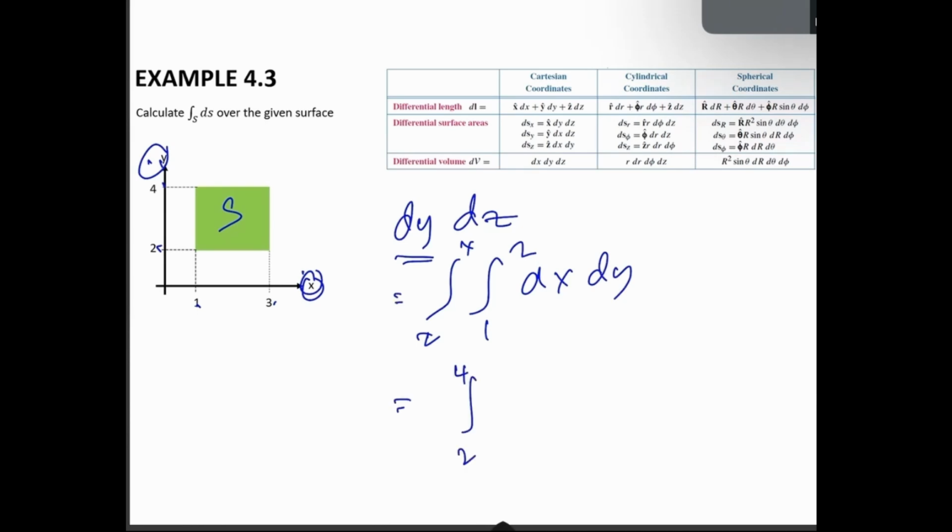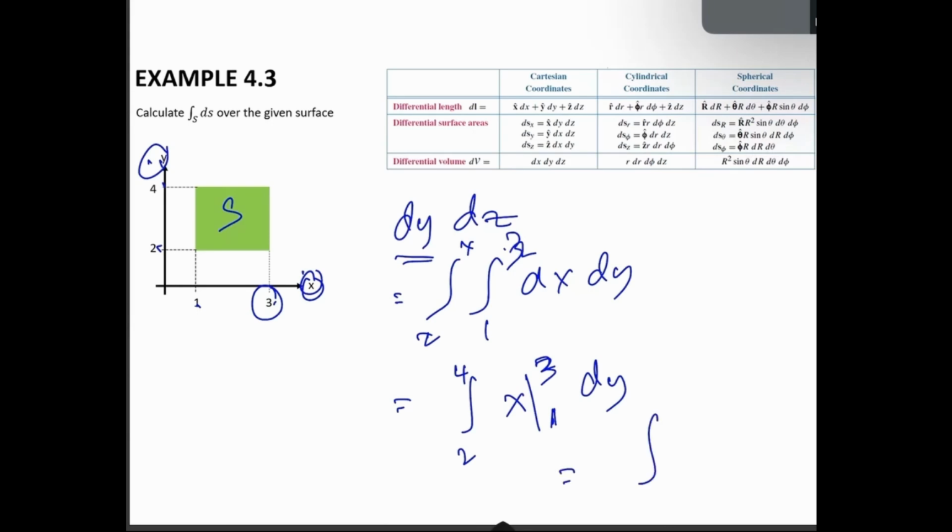The integral of dx from 1 to 3 gives 3 minus 1 equal to 2.